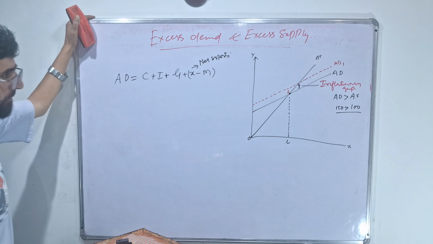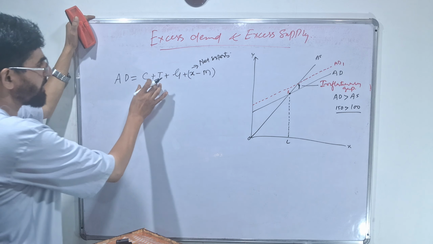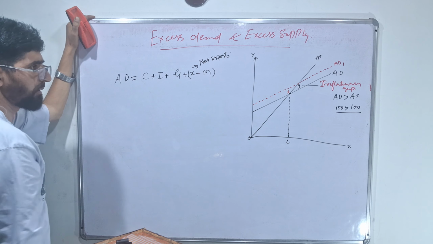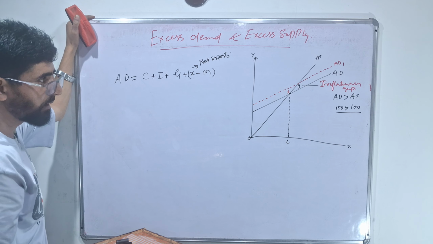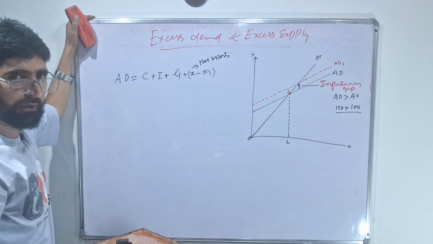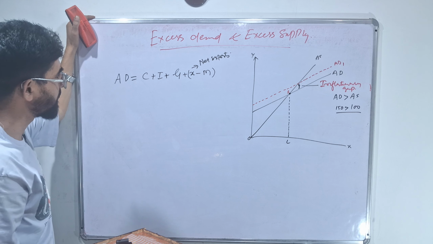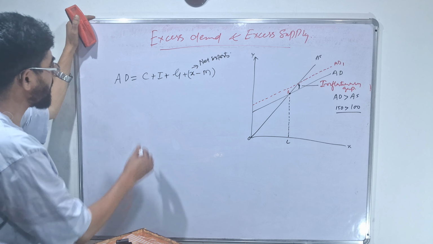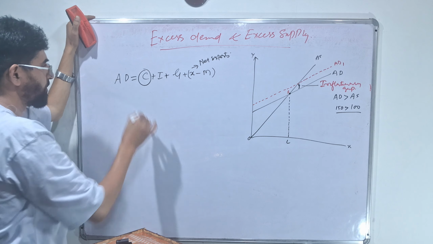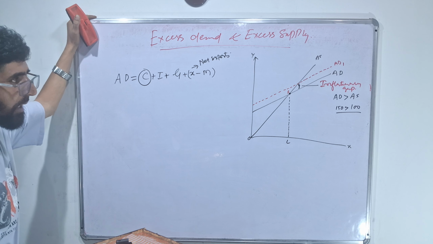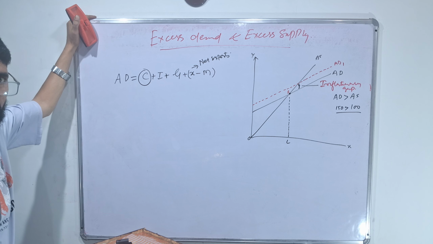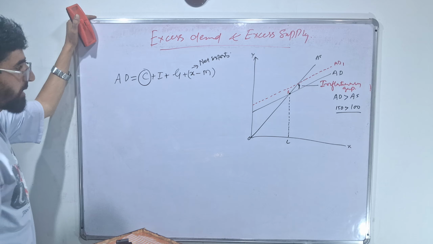Meaning when these variables increase, this will lead to an inflationary gap in an economy. I will try to show you with one variable how prices rise, which leads to inflationary pressure in an economy.